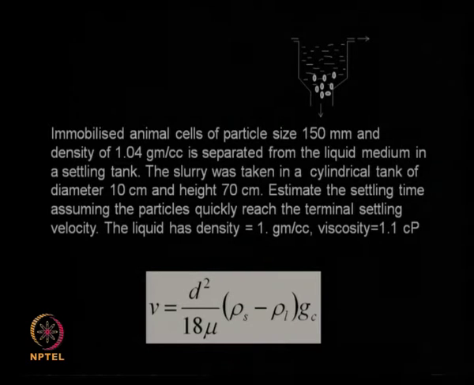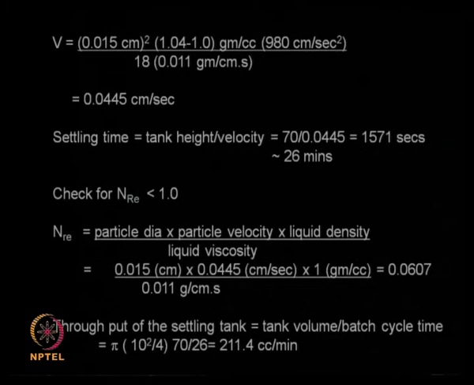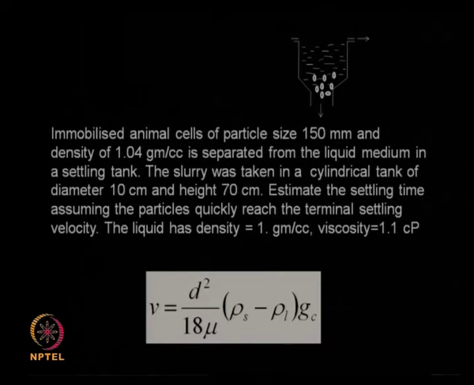You would like to perform a certain settling operation, so we have some immobilized animal cells of 150 mm, sorry, it should read 150 micron, and density of 1.04 grams per cc, and you would like to separate it from the liquid medium in a settling tank.